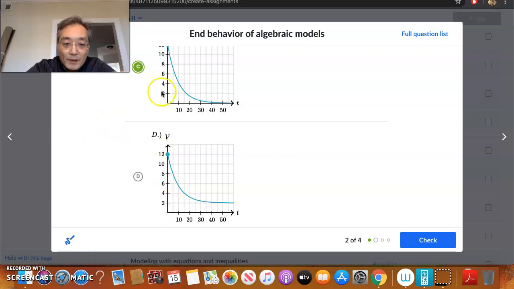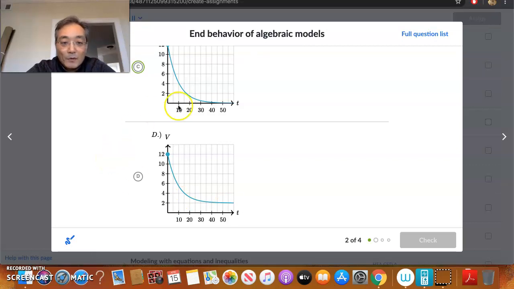Here, the difference between C and D, and I inadvertently marked C, is that C is saying that the car eventually will go to $0 after a while, after 50 years or so, right? It's going to pretty much effectively be worth 0. Here, it's saying that the value of the car is approaching $2,000. So the question is, after 50 years, is the car going to be worth around 2,000 or is it going to be worth nothing?